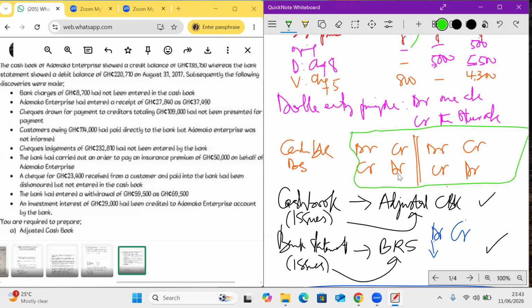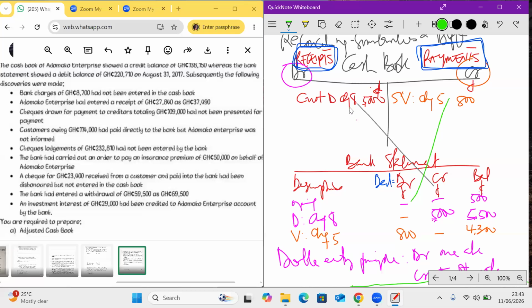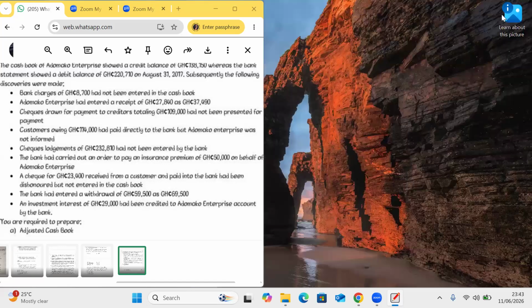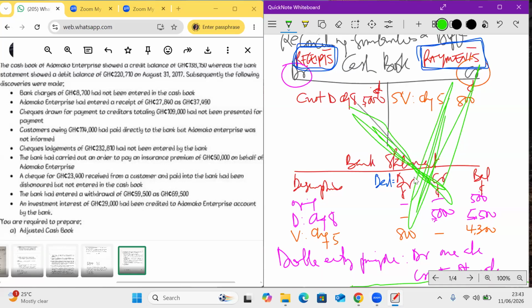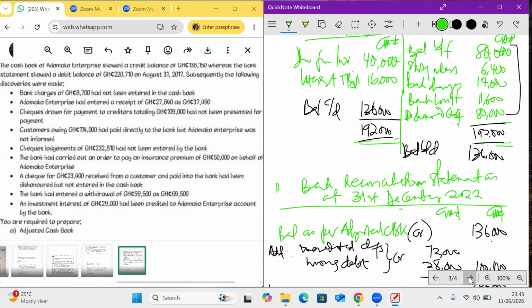When they debit the bank statement, you credit the cash book. When you credit the bank statement, you debit the cash book. That's what we are dealing with. If you mess it up, you mess up everything.